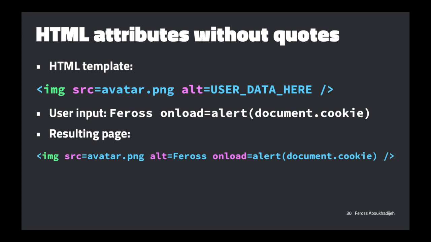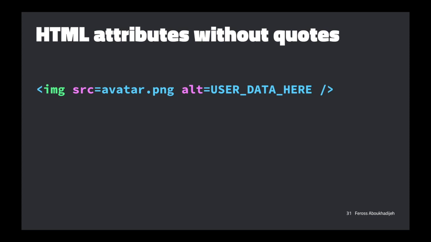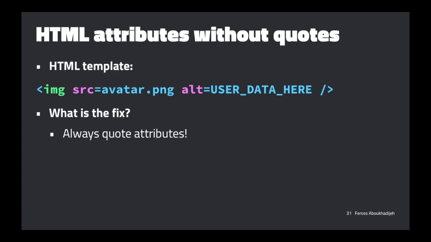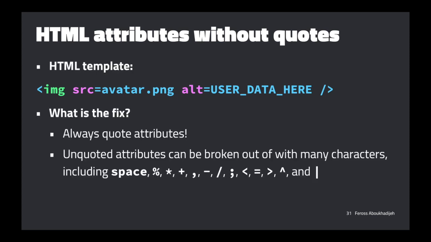Does that make sense? So now the question is, what characters do we have to worry about in this case? And the answer is a whole bunch of characters that you really don't want to worry about. You might just think, well, okay, space is the only thing we need to worry about, right? Just don't let them put spaces in here. Then they can't end this value and start another attribute.